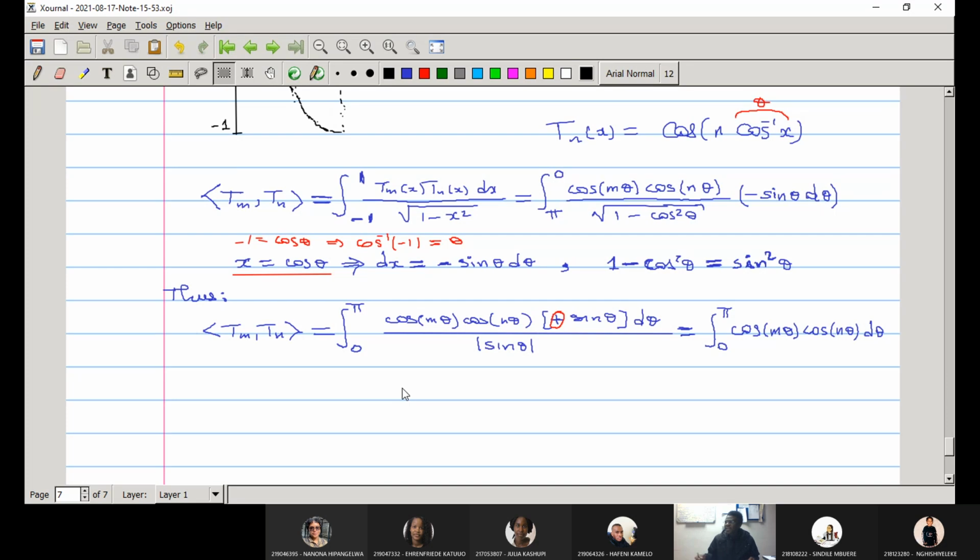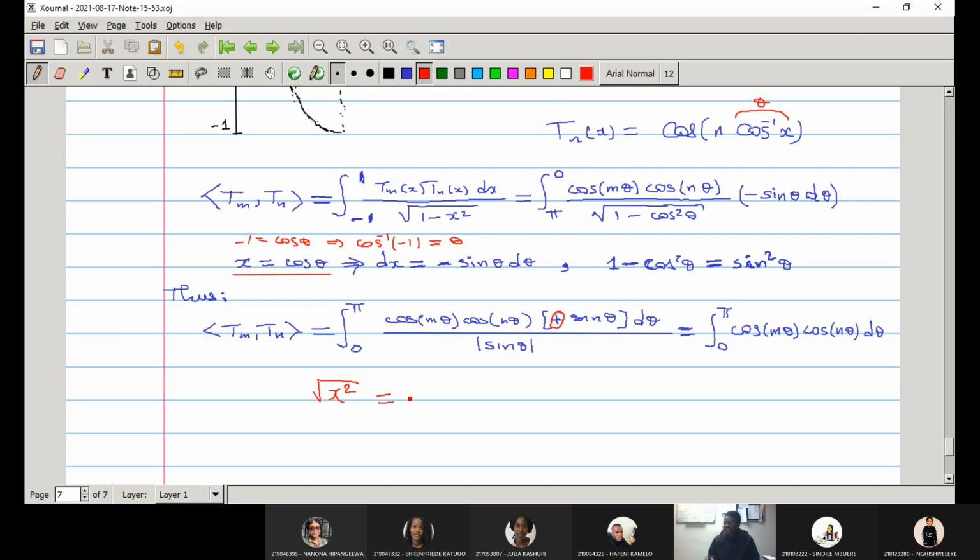Okay, now here in the denominator, if you substitute this into that, it becomes square root of sine squared theta. Be careful. If you don't write the correct value, because when you substitute, we know that square root, in fact, for those of you who still know it, square root of x squared, remember that this is a positive quantity.